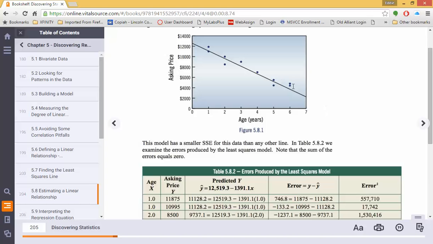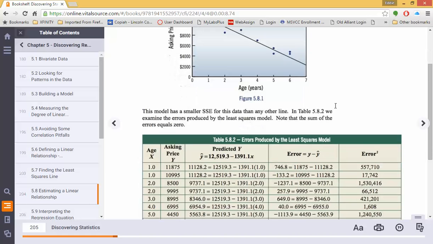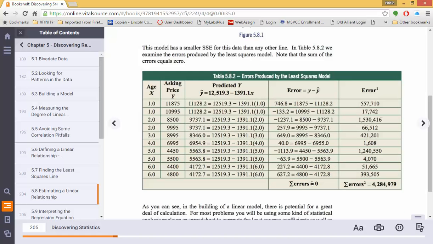And then you can see that in this table they have an error. This is the observed minus predicted, where the sum of the error equals 0.